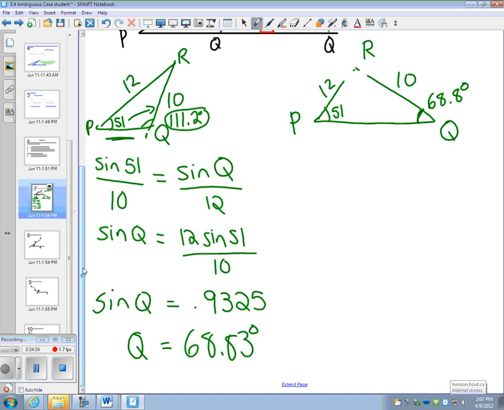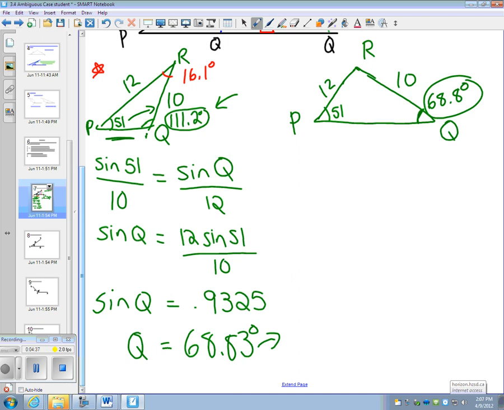I use my sine law, I get my 68, and I put that in one spot, and then I go 180 minus it and put it on the other triangle. To find the remaining angle, let's focus on this triangle right here. The interior angles add to 180. So I go 180 minus 112.2 minus 51, and I get my leftover angle, which is 16.1 degrees.